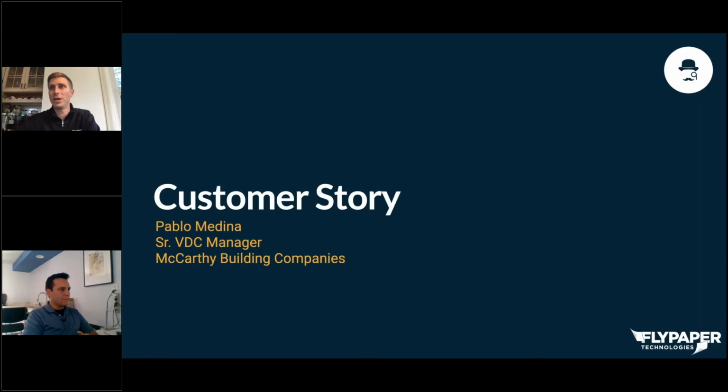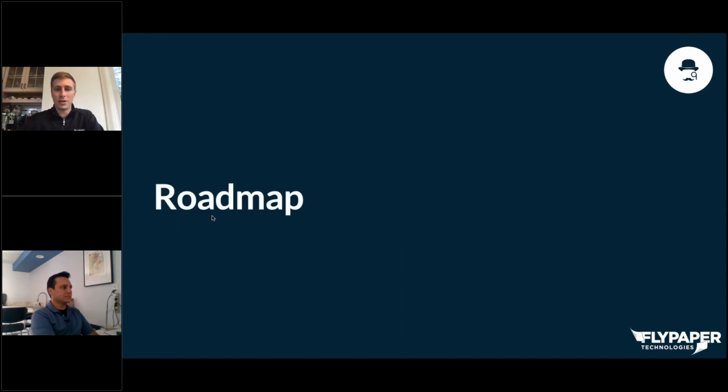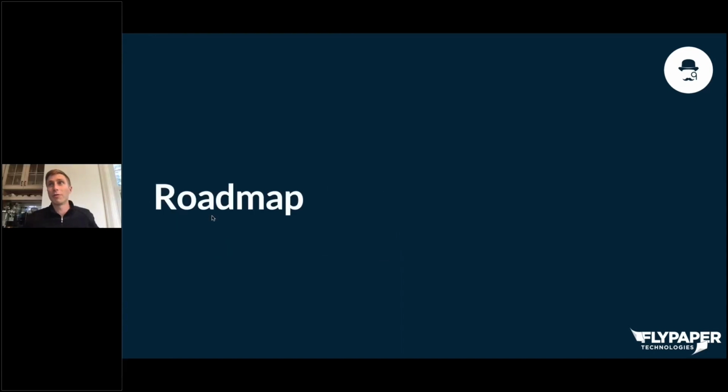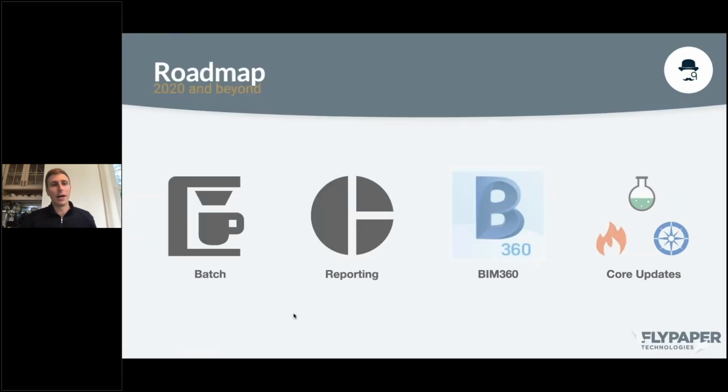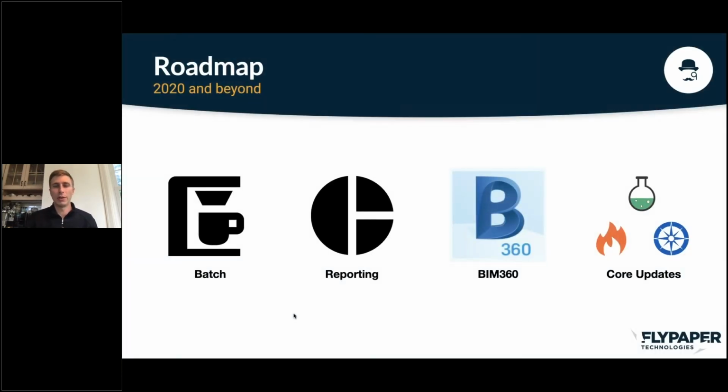All right, let's switch back here to my screen. So from there, we're going to move on to a discussion about our roadmap for Sherlock. This is broken down into four buckets.